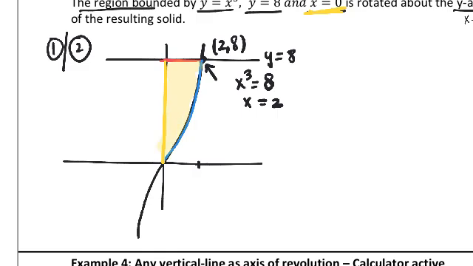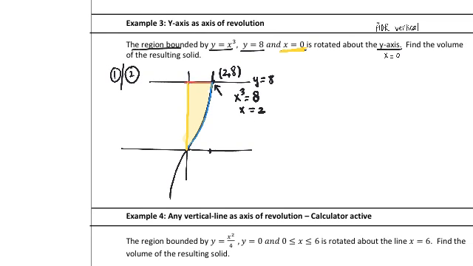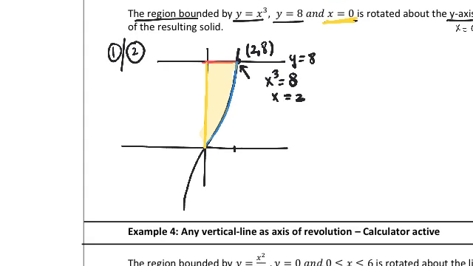And we're revolving it around that yellow line, because the y-axis is the vertical axis of revolution. So we're going to draw the solid, and for that you just reflect it on the other side. Draw a mirror image on the other side, and then connect the two ends of the boundaries with circles like that.